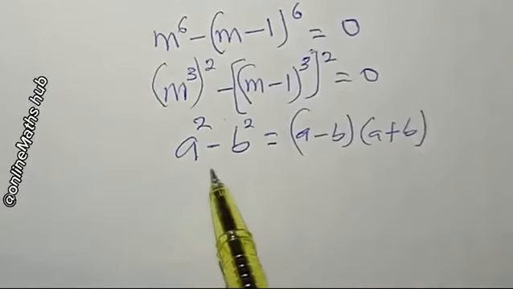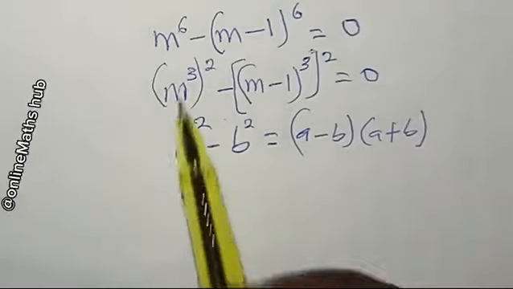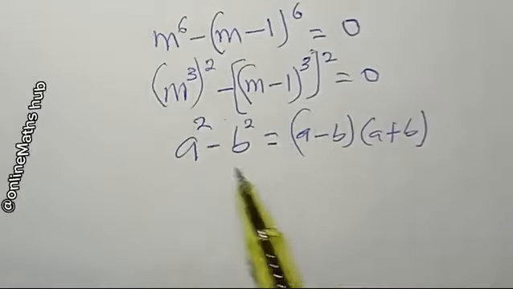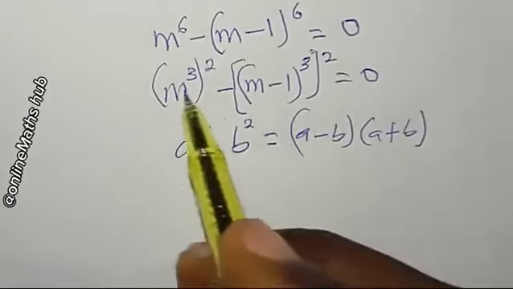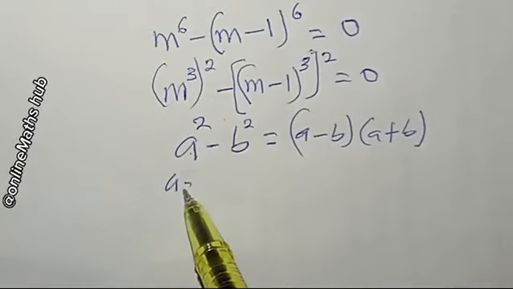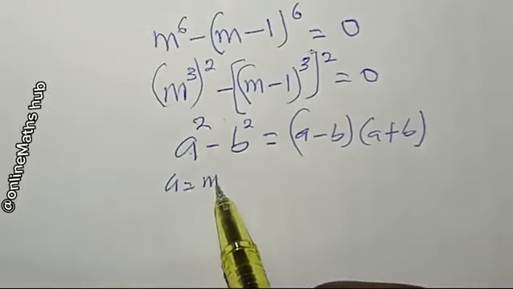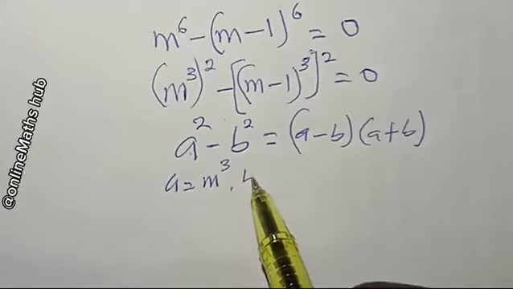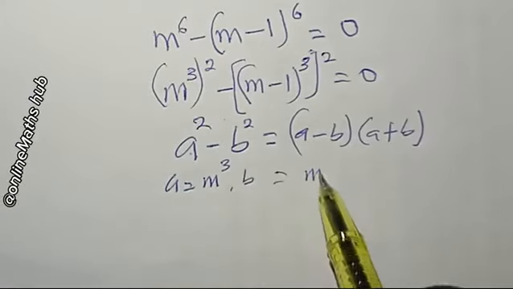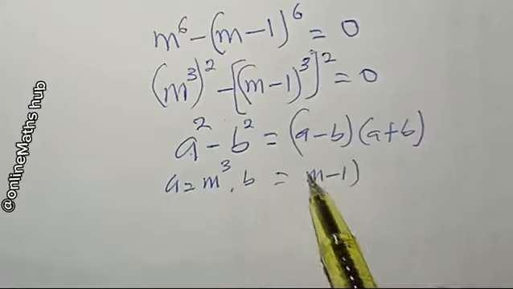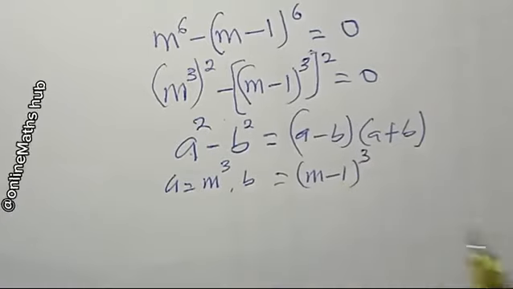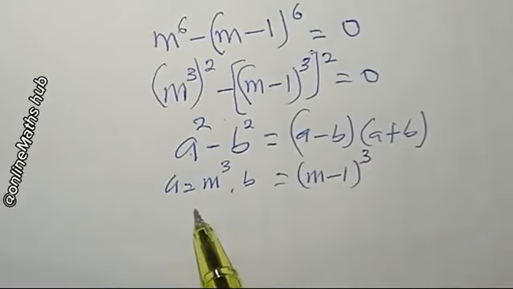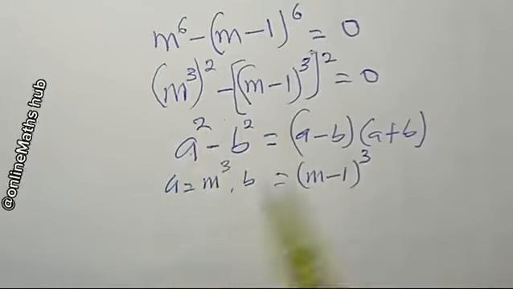I'm going to use this rule to expand this one. In this case, our a is m power 3, and our b is m minus 1 all power 3.